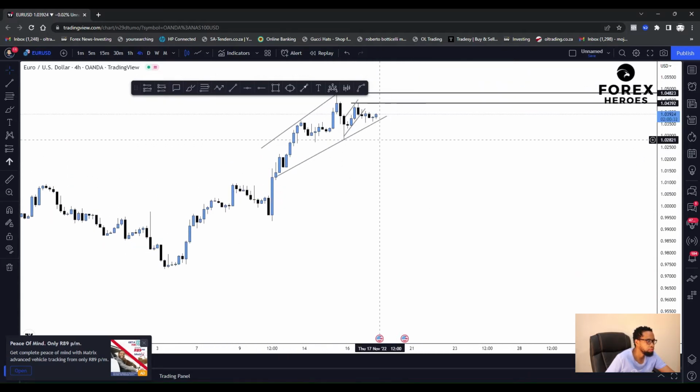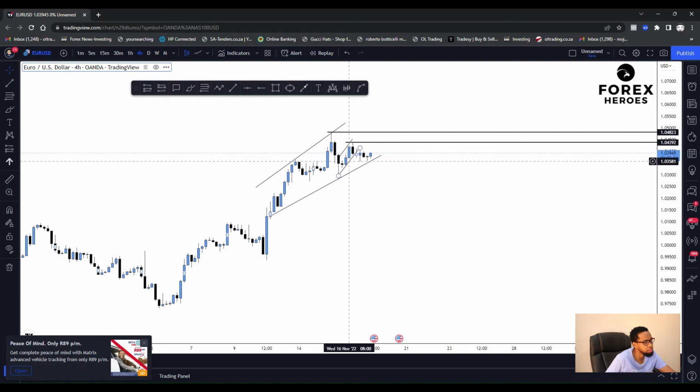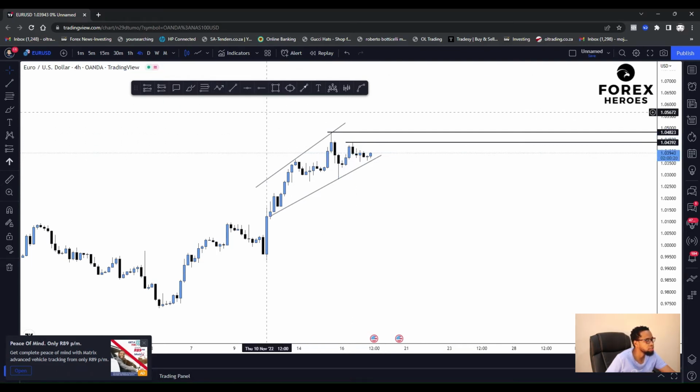Okay, as you can see, just without doing much, you can see this one, a simple correction. So this is just what I can look for, waiting for this.